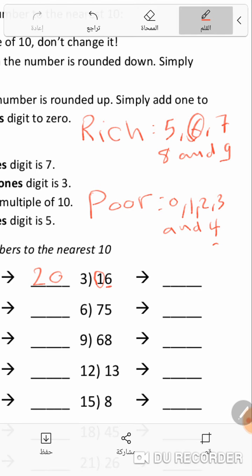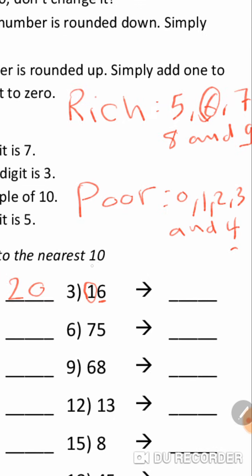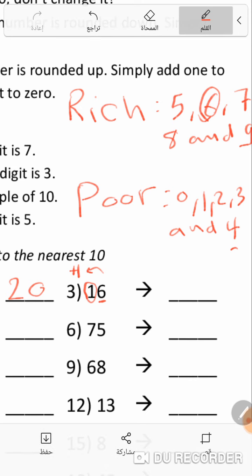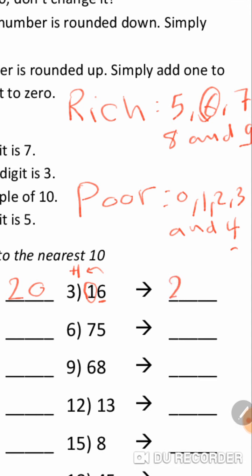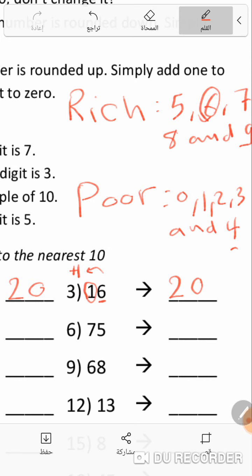So number 6 now has money. It will give the number in the tens place 1. So the 1 here becomes 2. And also say bye-bye to the number in the ones place. I don't need you anymore.